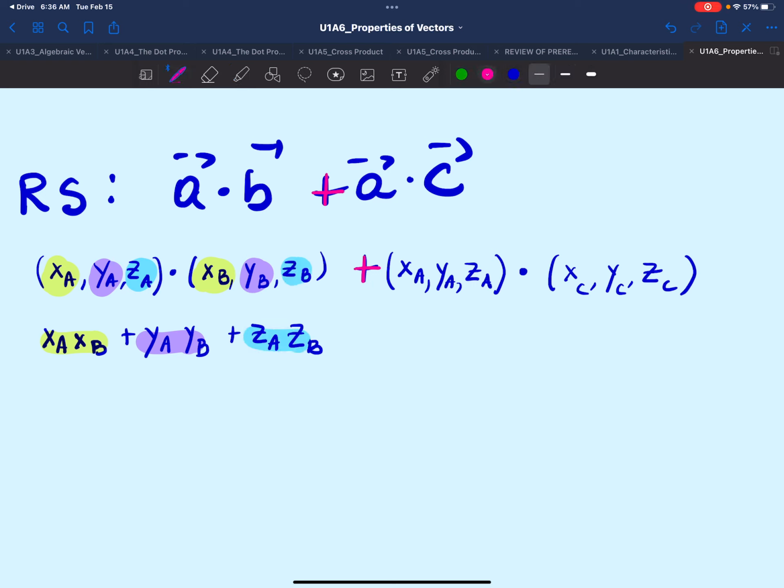And then plus XA XC plus YA YC plus ZA ZC. So same idea here. We multiply the x's together, the y's together, and then the z's together.